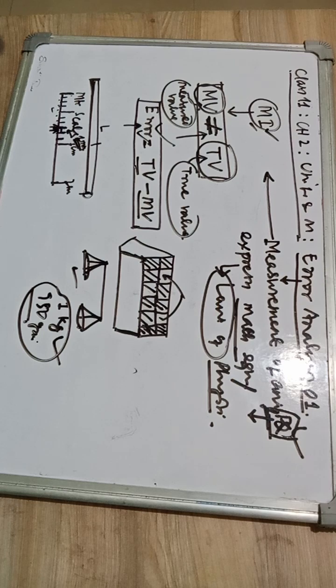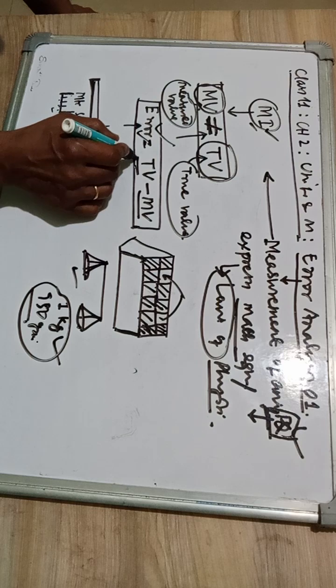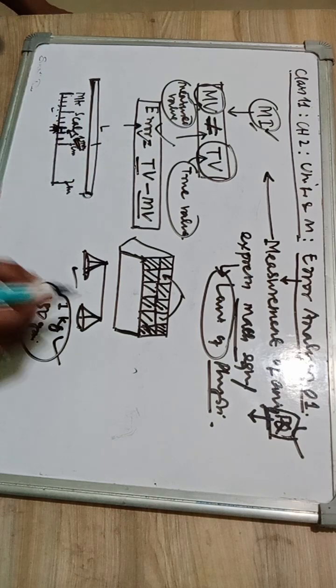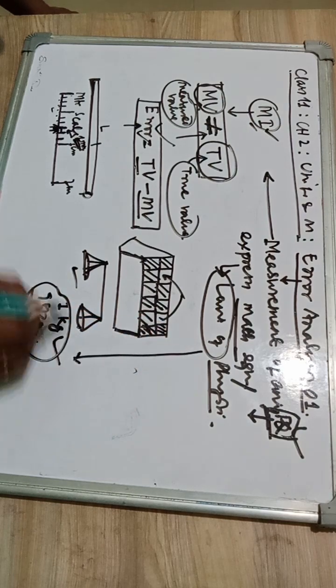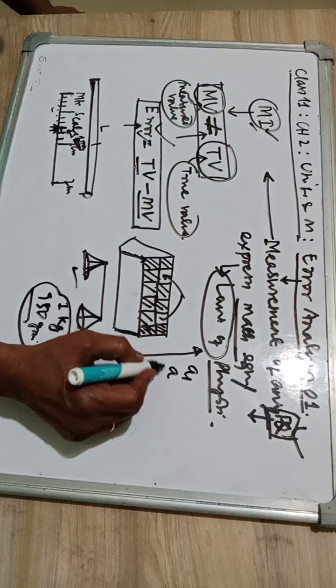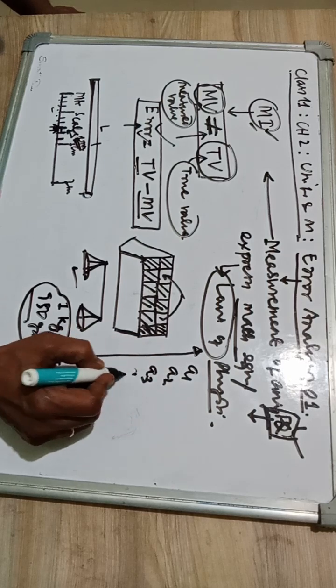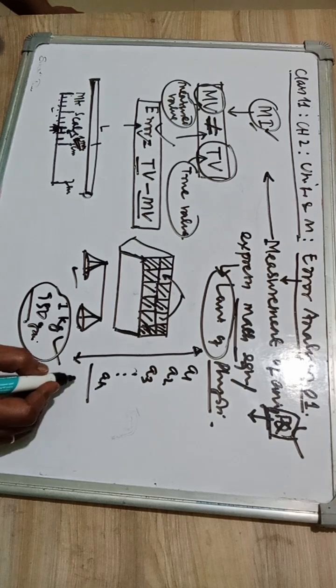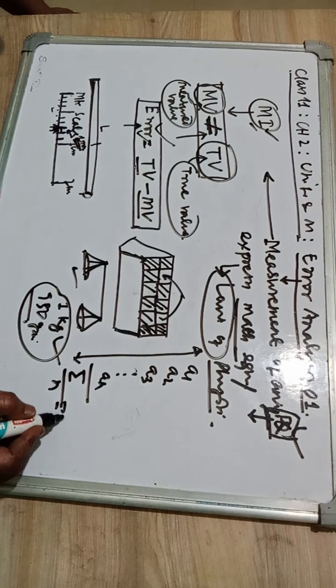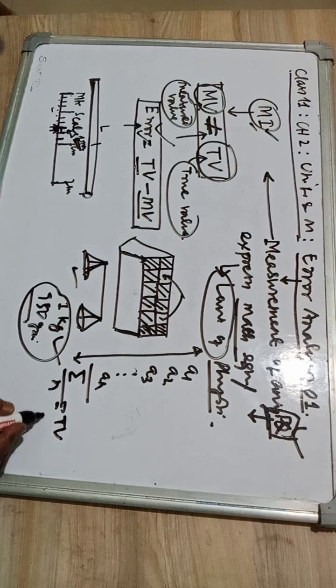To conclude what is the exact error associated with that measurement, we will take a number of measurements, and the arithmetic mean of those measurements will be assumed as the true value.